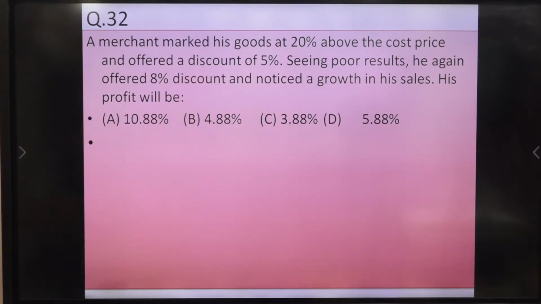So calculate the answer here and write your answer in the chat box.